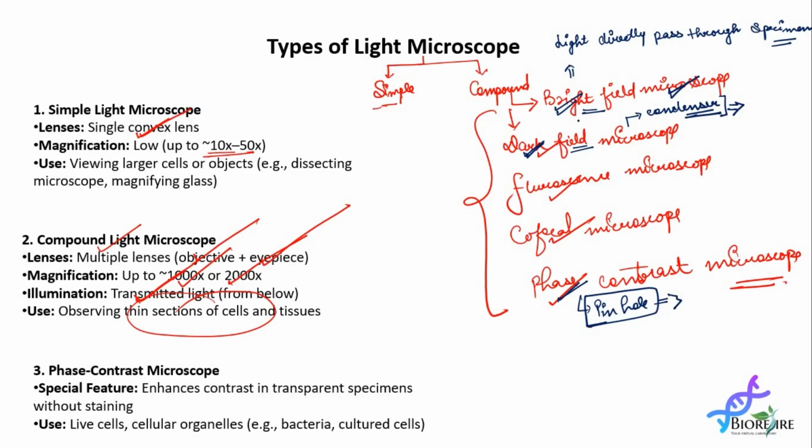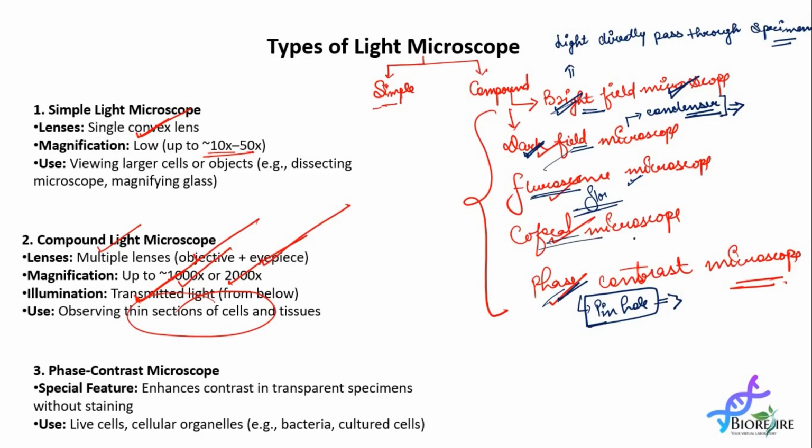In the fluorescence microscope, we label our biological molecule with fluorophores, and whenever light passes through the fluorophore, it emits some light and this emitted light is detected by the detector. The magnification power of this microscope is better than phase contrast, dark field or bright field.